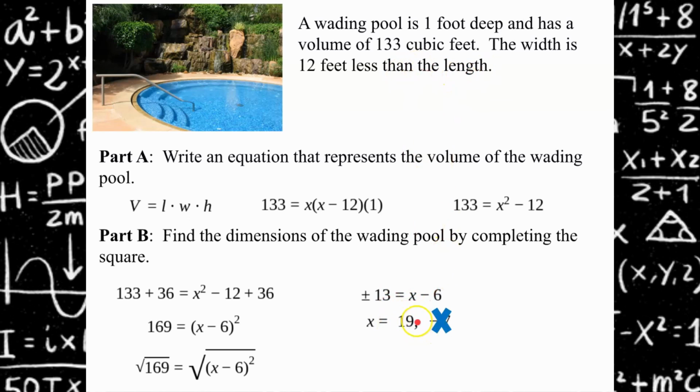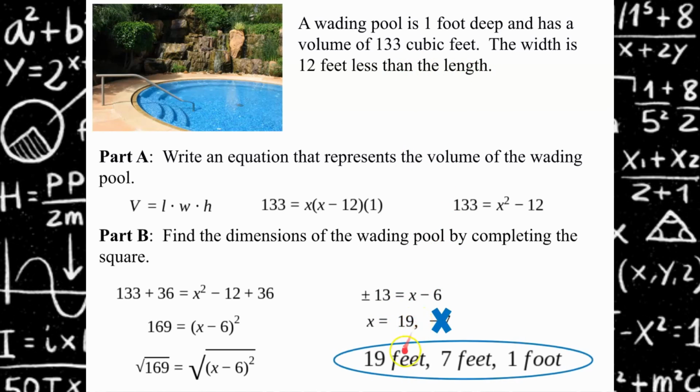So we know that the length is now 19 feet. Our width, which was 12 feet less than the length, is 7 feet, and we were given that the depth was 1 foot. So there you have it, that wading pool, completing the square.